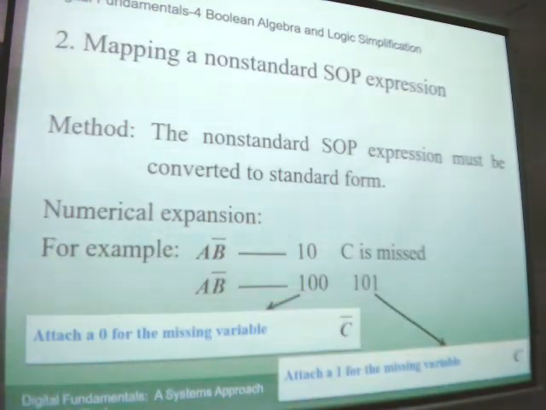If there are 4 variables in the domain, then there are 4 standard product terms: A B bar C bar D bar, A B bar C bar D, A B bar C D bar, A B bar C D. So there are 4 standard product terms.